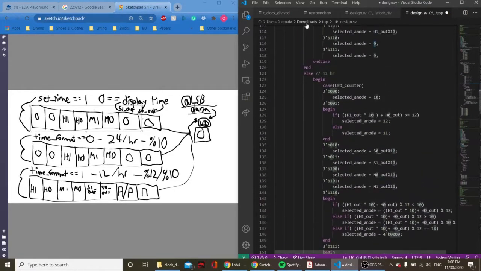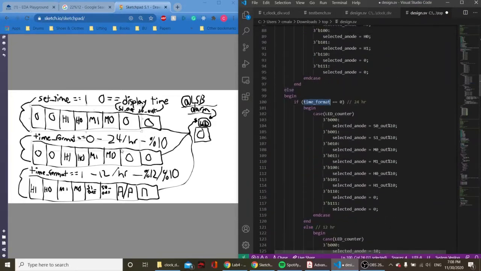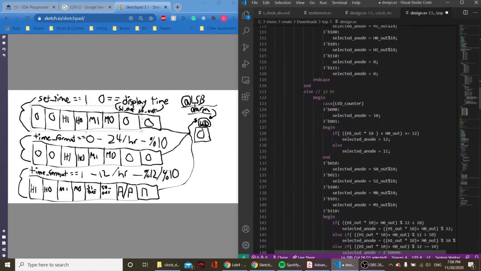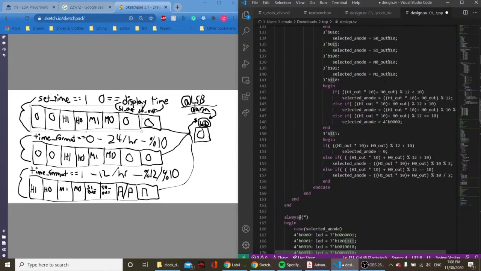But when we get to else if, where time format is equal to 1, we have to do some logic where, if this result is greater than or equal to 12, we know that this is past AM or PM, and then 12 ends up sending to P, and 11 sets it to A.